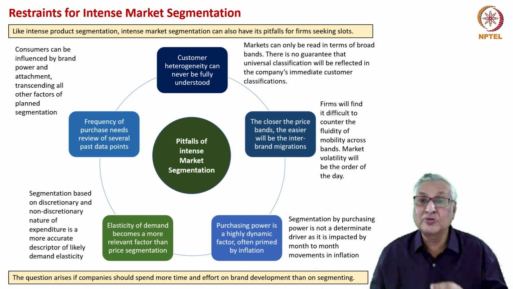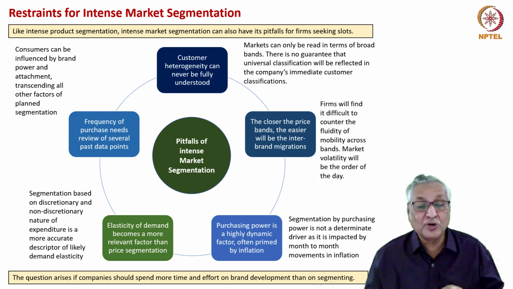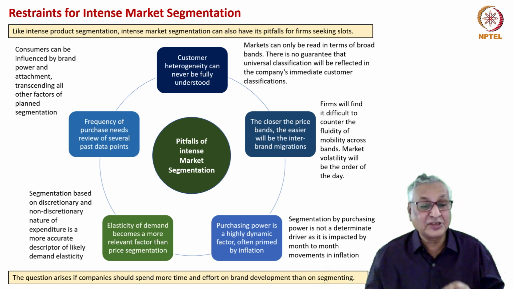So month to month movements in inflation could have an impact on purchasing power and may make certain market segments irrelevant or more relevant. Again, when you look at the price frequency syndrome, elasticity of demand becomes a more relevant factor than price segmentation.